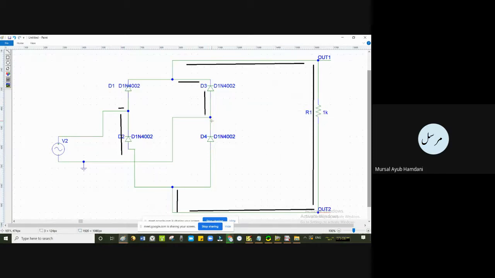These are the two things that we come across. Then we can also go through this, here and here. So this is the direction that the current shall follow.